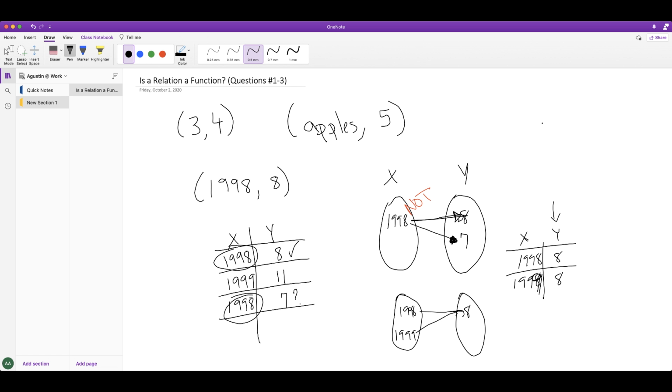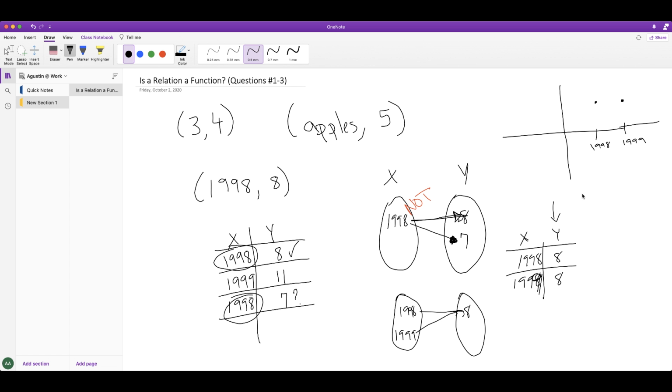And if you were to graph it, if this is 1998, you have 8, and then this is 1999, you also have 8. So it can look like that.